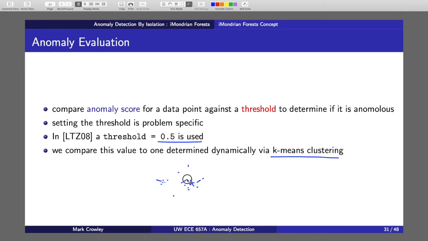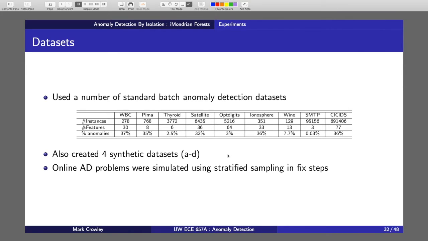You could apply k-means and try to come up with clusters that they tend to fit in, and use that to figure out which ones could be anomalies. And then we tried out different threshold values to see whether they would kind of agree with this or not, as a quick way to compare how many were anomalies or not.